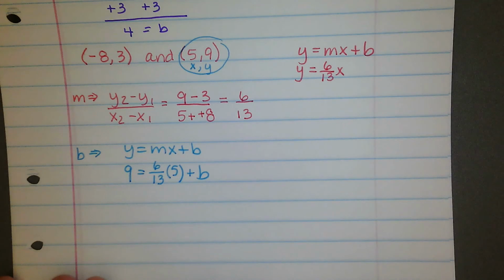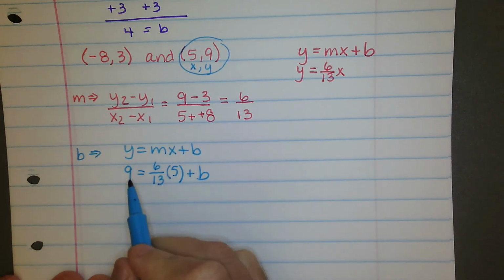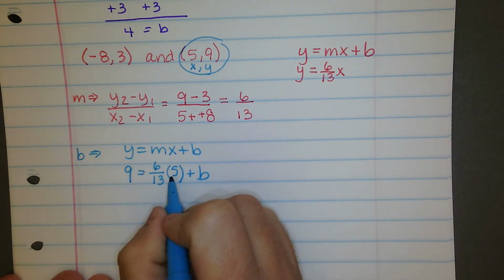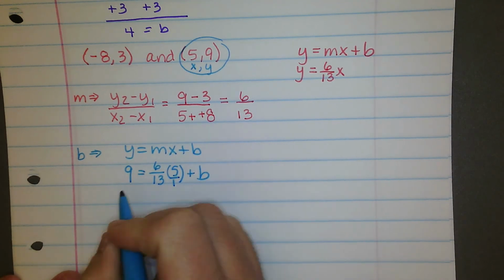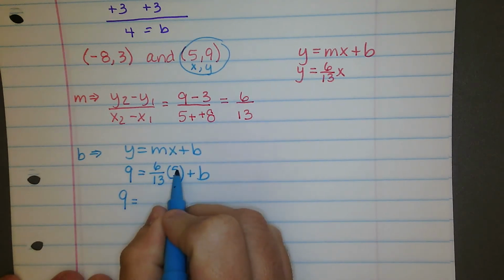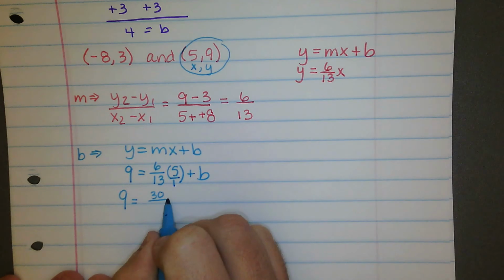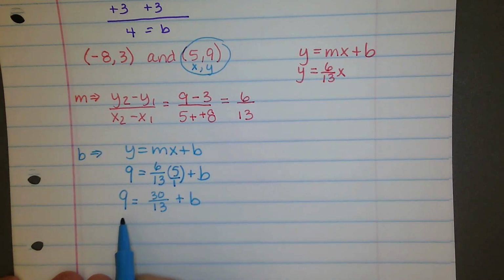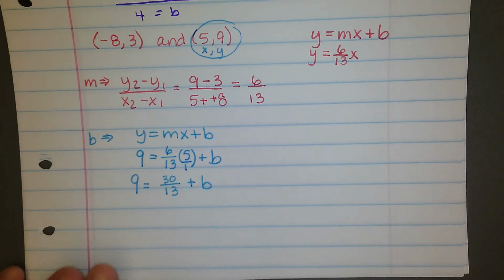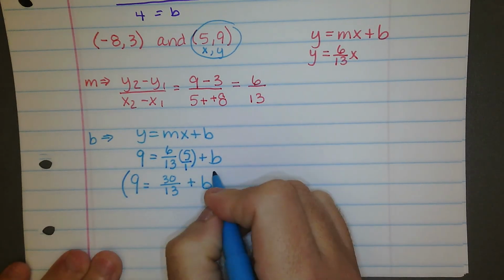Now, don't forget that when we get to this step, what we want to do is multiply these. So I'm going to put the 5 over 1, and I'm going to do top times top, which is 30, and bottom times bottom, which is 13. And this is the part that's uncomfortable. So what I like to do is clear out the fraction by multiplying both sides by the denominator.